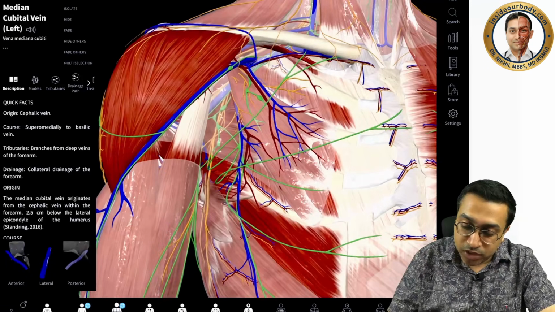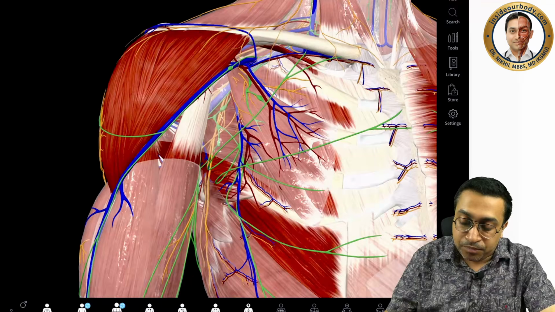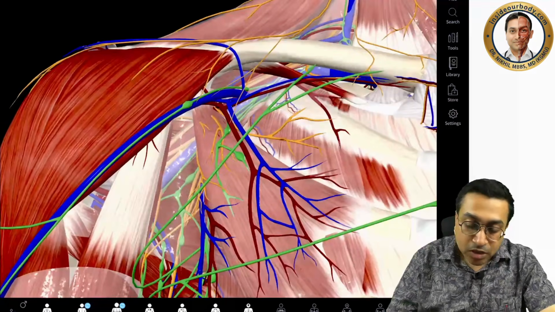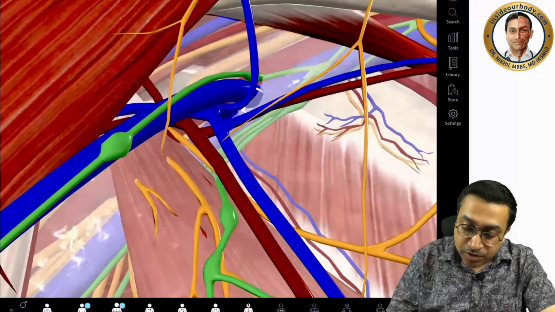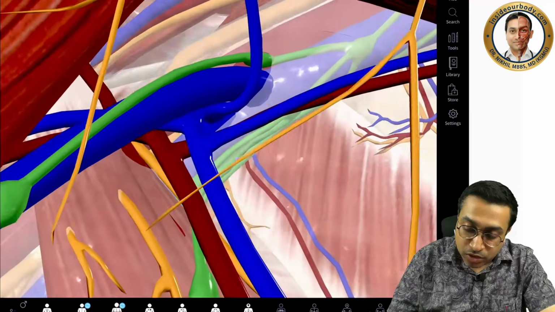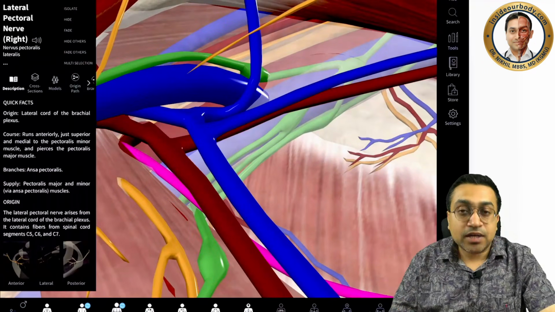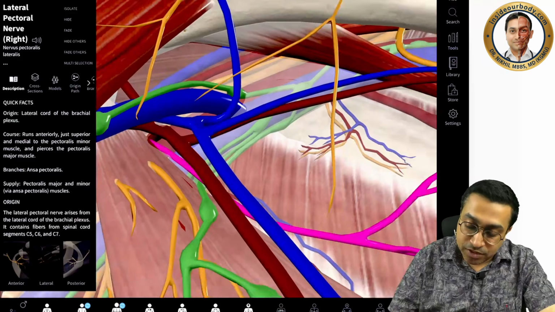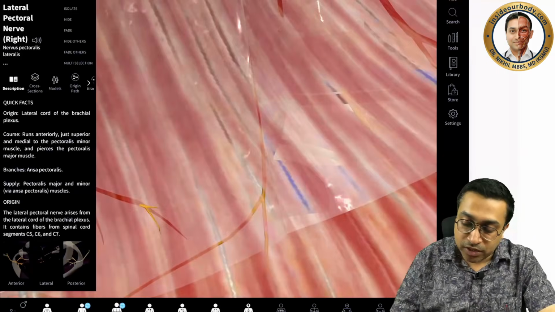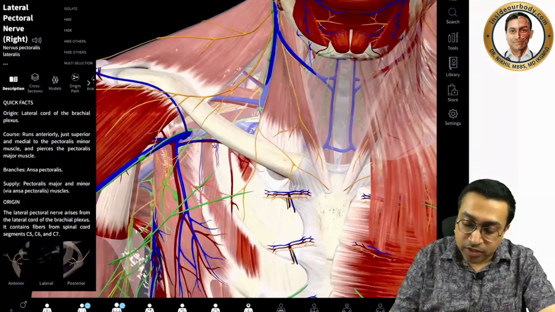So coming back to the clavipectoral fascia, you can see the cephalic vein piercing this aperture or hole. What else? You can see this nerve, the lateral pectoral nerve, which is just coming out and has to supply the pectoralis major muscle.